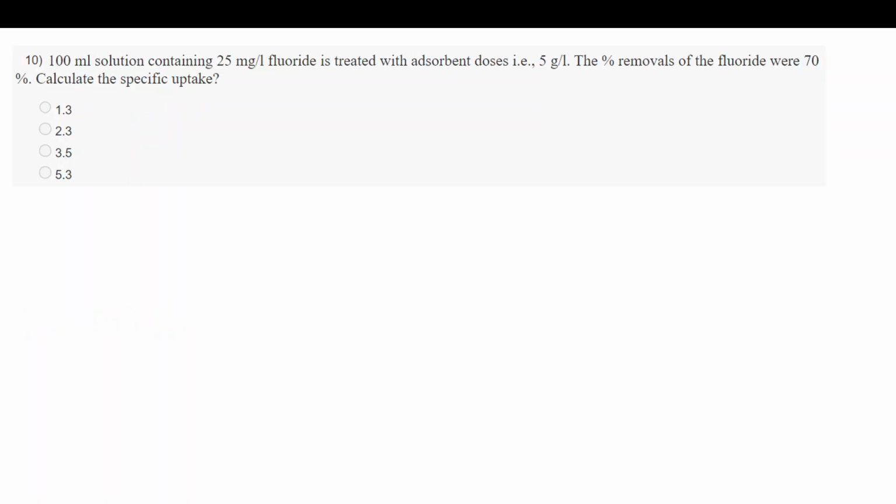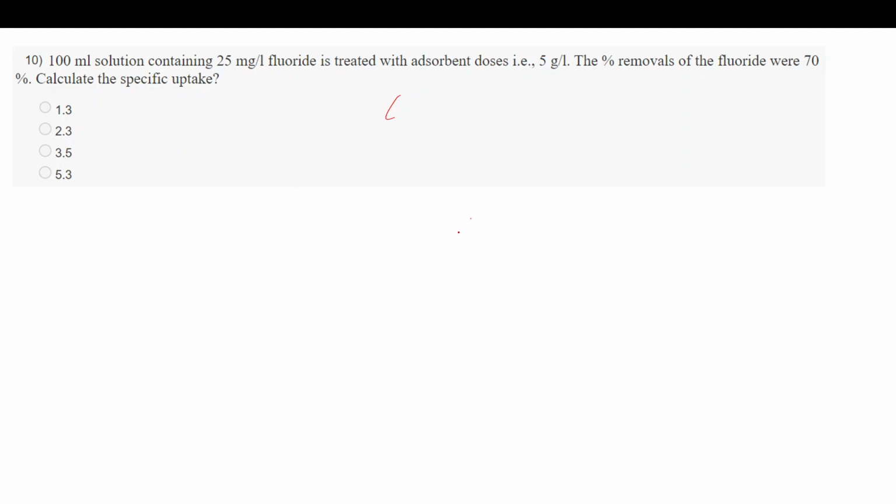Now the next question: a 100 ml solution containing 25 milligrams per liter fluoride is treated with an adsorbent dose equal to 5 gram per liter. The percentage removal of fluoride was 70%. Calculate the specific uptake. To calculate specific uptake, let me show you the formula.